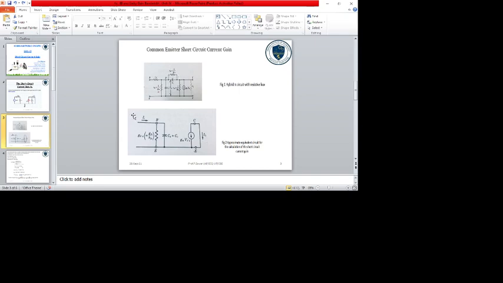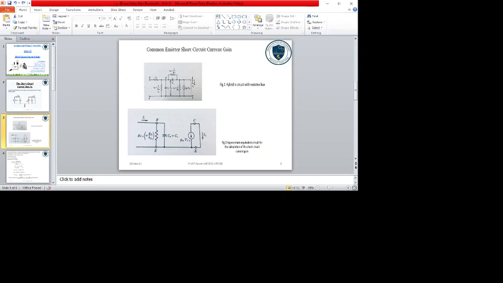So we can get the modified circuit like this. where the summation of these two capacitances will be the net capacitance, and IA is the input current, then IL is the output current.